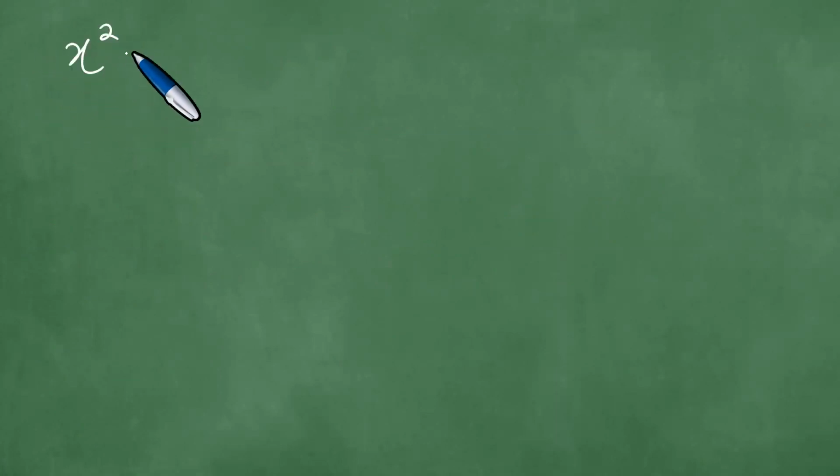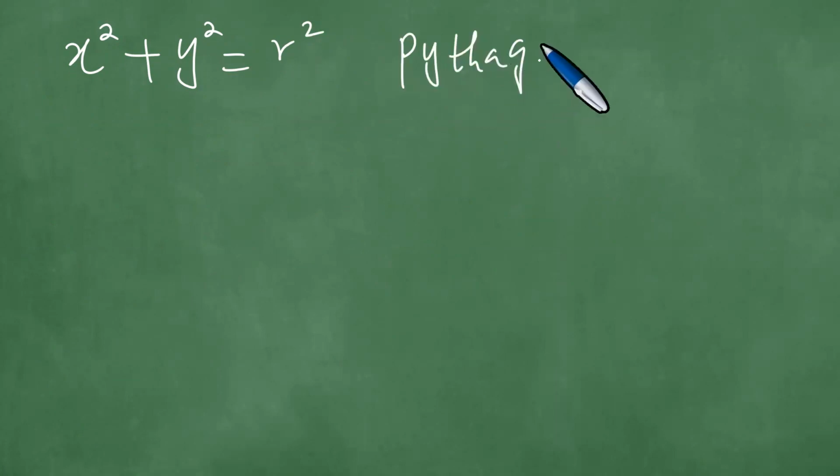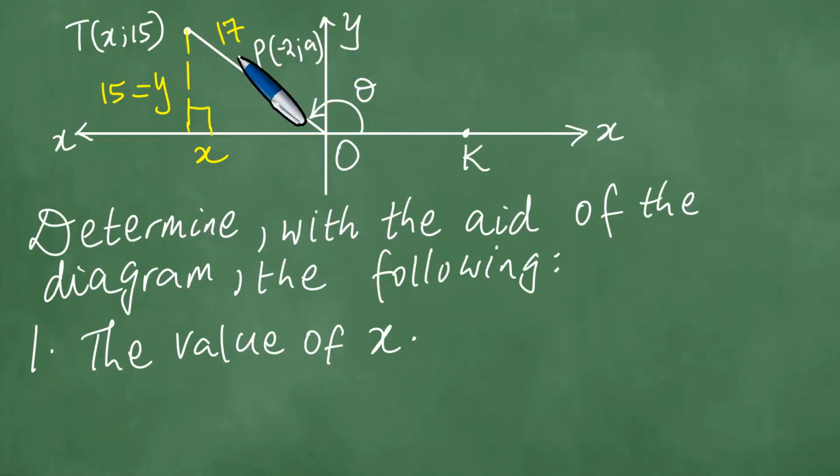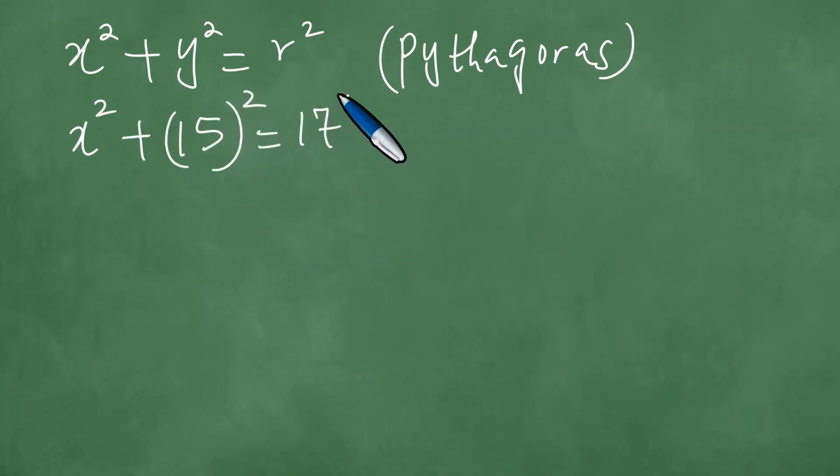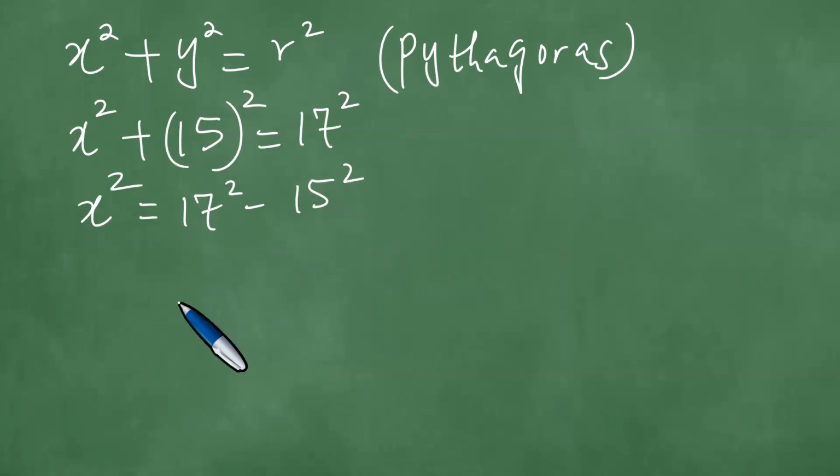So we know that x squared plus y squared is r squared, and this is credit to Pythagoras. So if we have the triangle with the x, the y is 15, the radius is 17. We have x squared, the y is 15, the radius is 17. 17 squared minus 15 squared is equal to what?